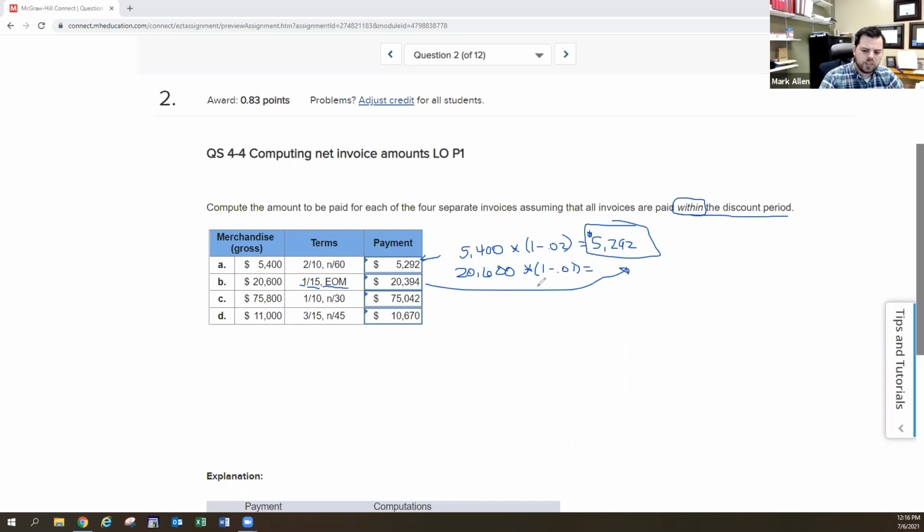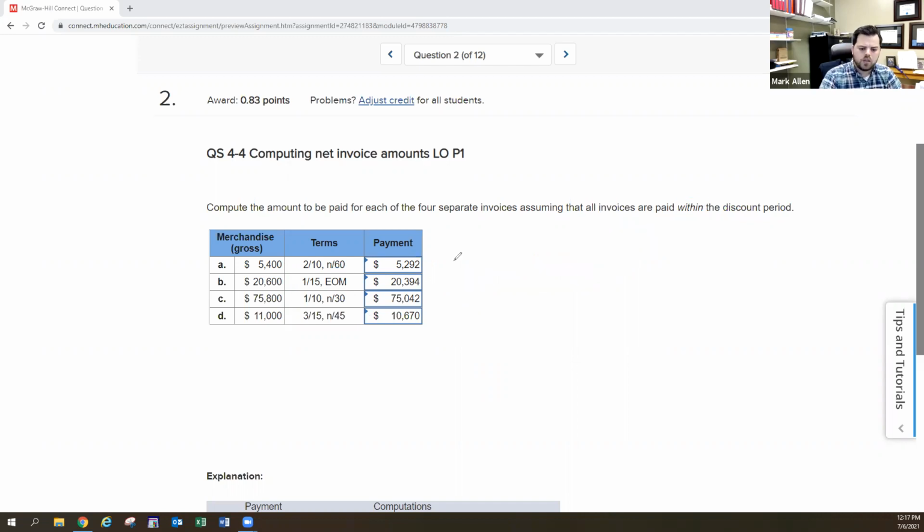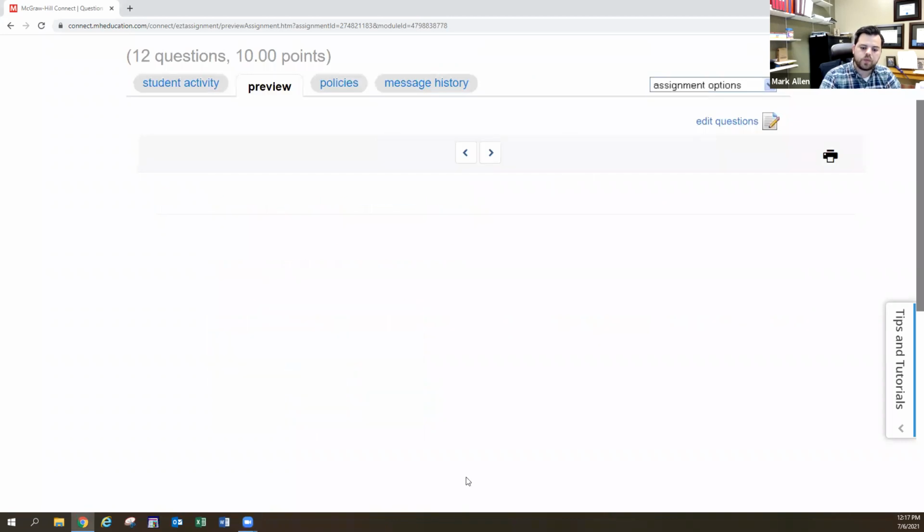And it's very important, especially as you're first seeing this for the first time, that you walk through exactly what that notation is telling you, because we'll be seeing this notation not just in this chapter, but for the entire rest of the semester. It keeps popping up. So it's a notation you certainly want to get very familiar with here in this chapter. Okay, so I'm not going to go through C and D because they are identical to how we did A and B, but just continue working through those, and then you'll be finished with number 2.